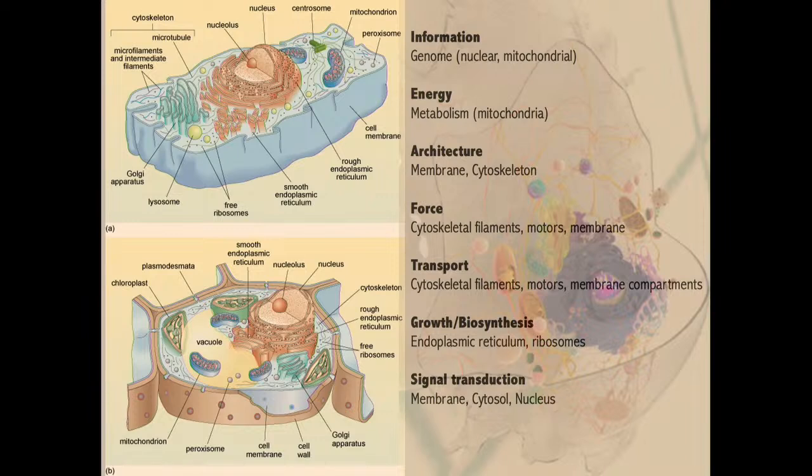The cytoskeletal filaments, which are essentially polymers, in conjunction with motors and through linkages with the membrane, can exert forces, but they can also help transport material between locations inside the cell. There's a sort of factory that contributes new material that's needed for the cell to grow, and this includes organelles like the endoplasmic reticulum and ribosomes.